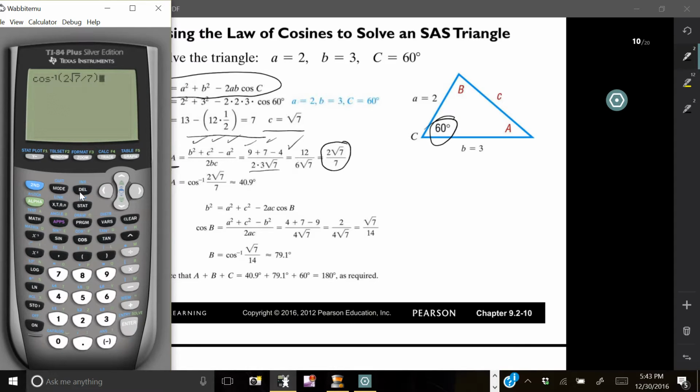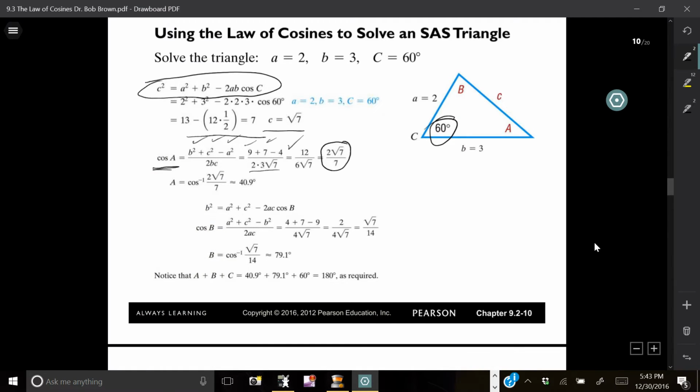And I'm going to check. I think I'm still in degree mode. But sure enough, I am in degree mode, and I get 40.9 degrees for that angle.